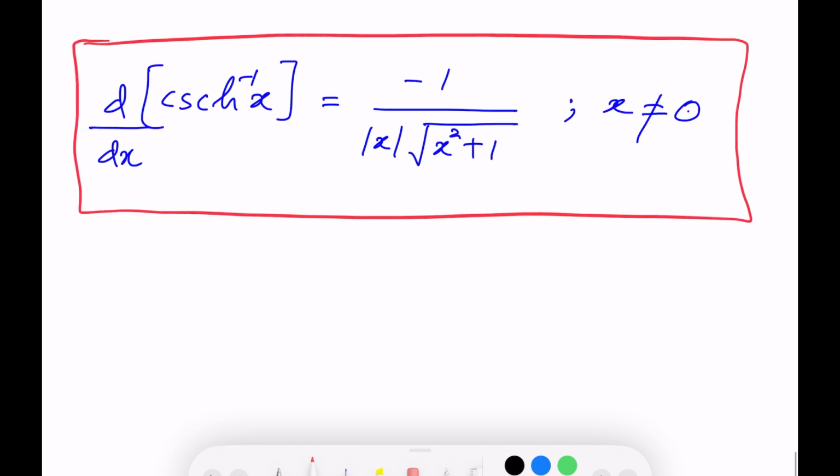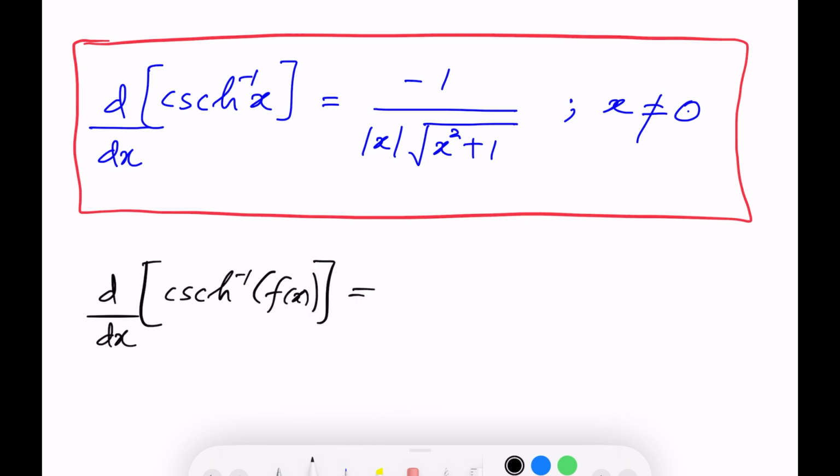We can also extend this result for a composite hyperbolic cosecant inverse x function. How do you extend this result for a composite function? We can write this as d by dx hyperbolic cosecant inverse f of x. That should be equal to, first we will differentiate this function with respect to f of x, and that times the derivative of f of x, which is f prime x.